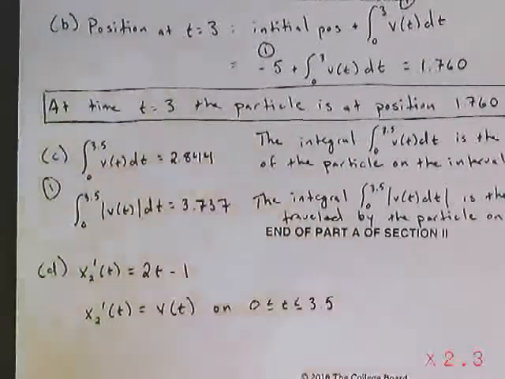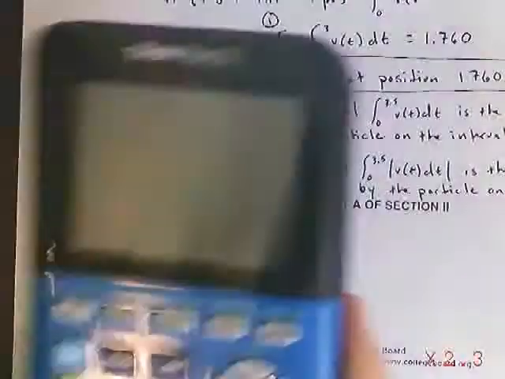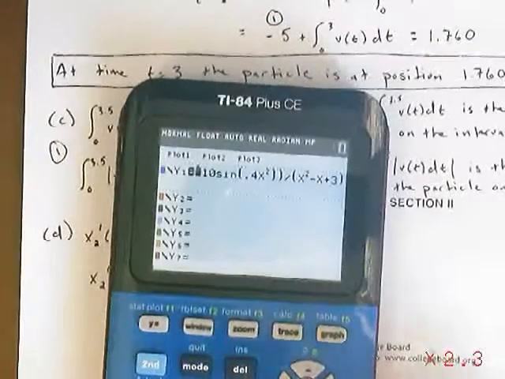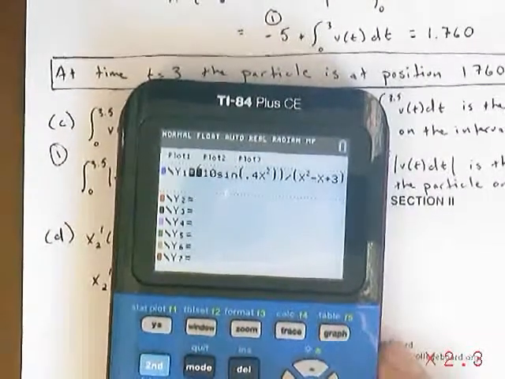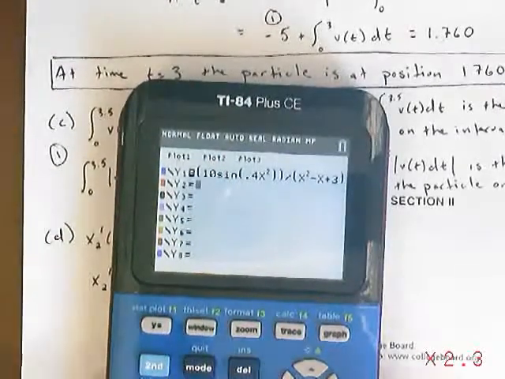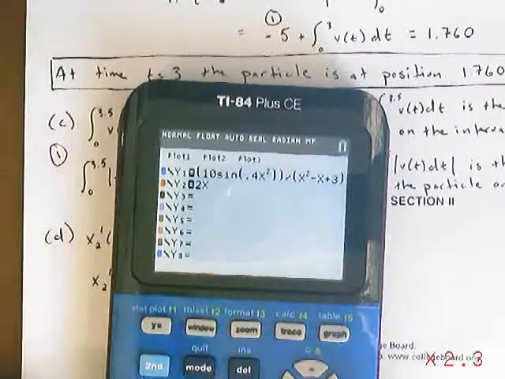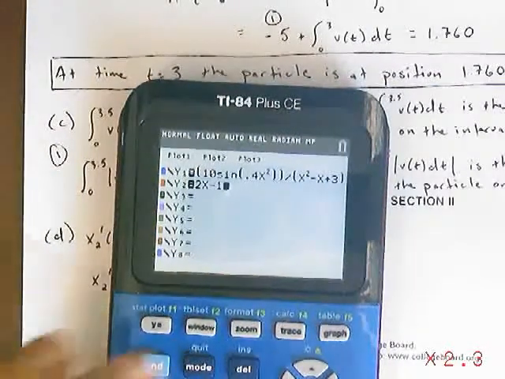Okay, well, we've got a calculator, and we can figure that out. So we go to our y equals. We've already got this one set up, so we're going to set up the second function, the derivative of the second particle, which is 2x minus 1. Go to our window.